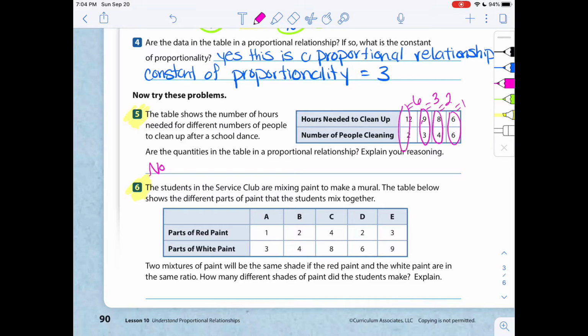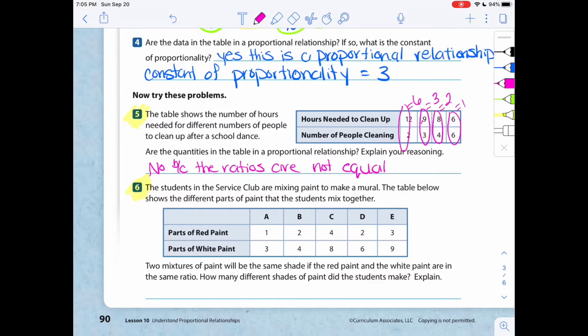So no, they are not proportional because the ratios are not equivalent. So remember, for it to be proportional, all of your ratios must be equal. So when you divide, you must get the same thing.